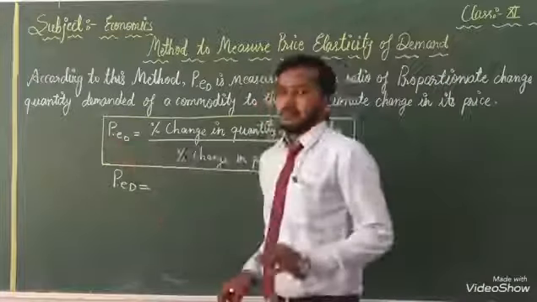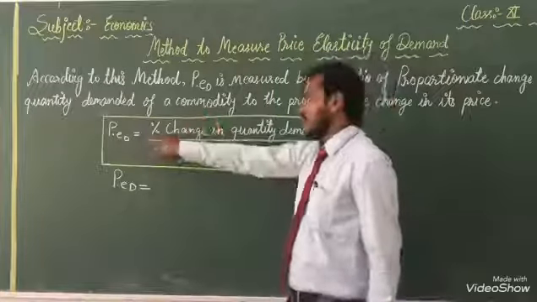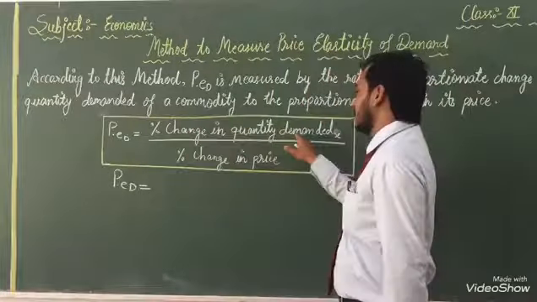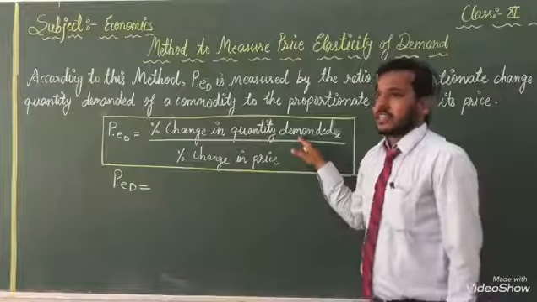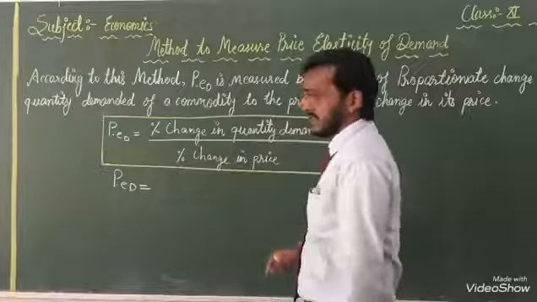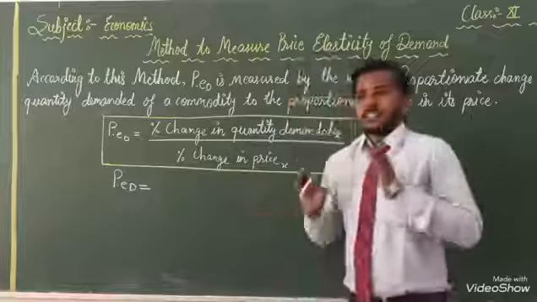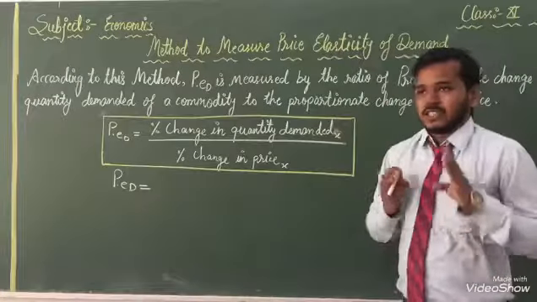Price elasticity of demand equals the percentage change in quantity demanded of X divided by the percentage change in price of X. X means it is related to a commodity.